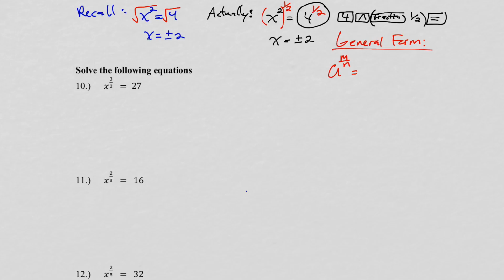Okay, so it's root n, or the numerator, I'm sorry, denominator, and the power of the numerator. So this is the denominator, and this is the numerator. Okay, and then of course you have the base.